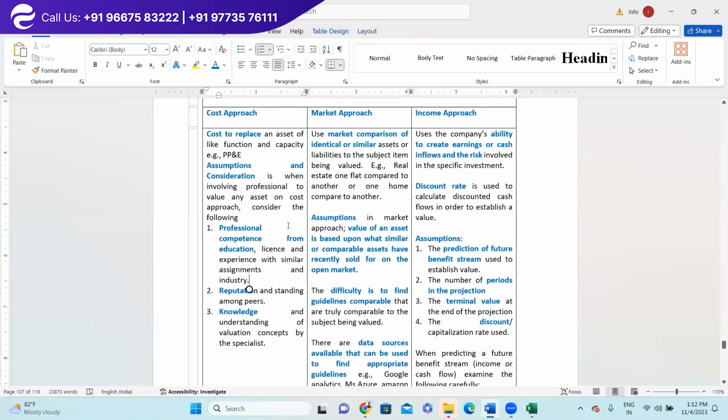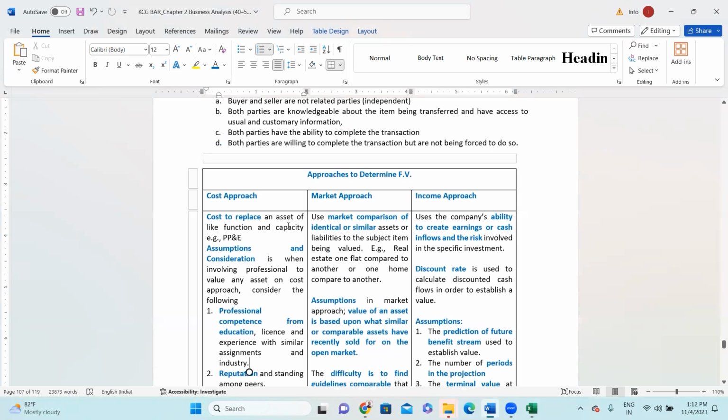Right? So these are the three approaches. What are the three approaches we have for fair valuation? Cost, market, and income. And what is the cost approach? Basically, we have the replacement cost for that.